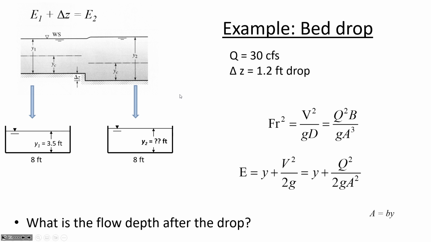So we'll go through this process a lot, whether it's a step down or a step up, or the channel getting narrower or the channel getting wider. We're going to have cubic equations in each of those cases, and what we'll be looking at is the specific energy at 1, comparing it to the specific energy at 2.